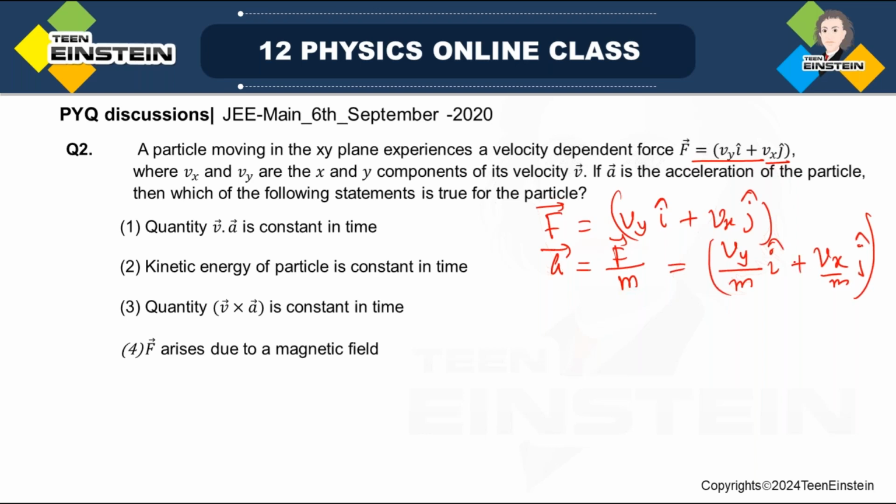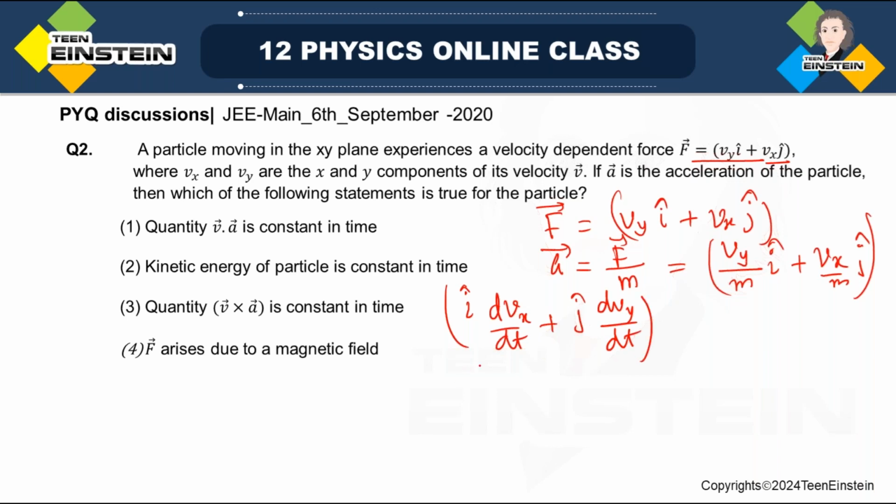Now the question is, see, if we want to write down what is the acceleration, this can be written as I cap dvx dt, right, plus j cap dvy dt.